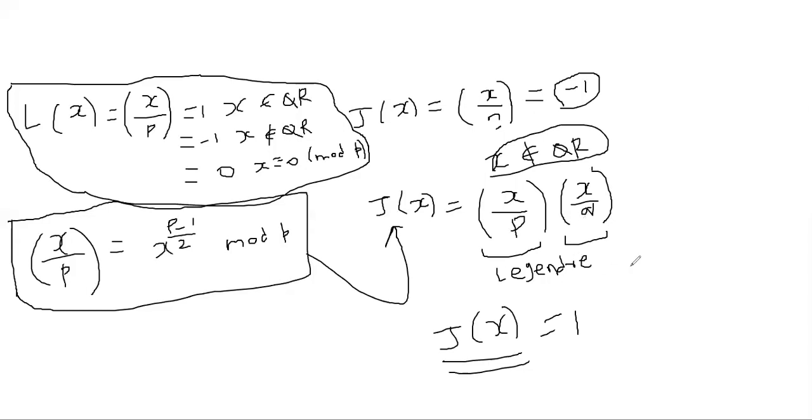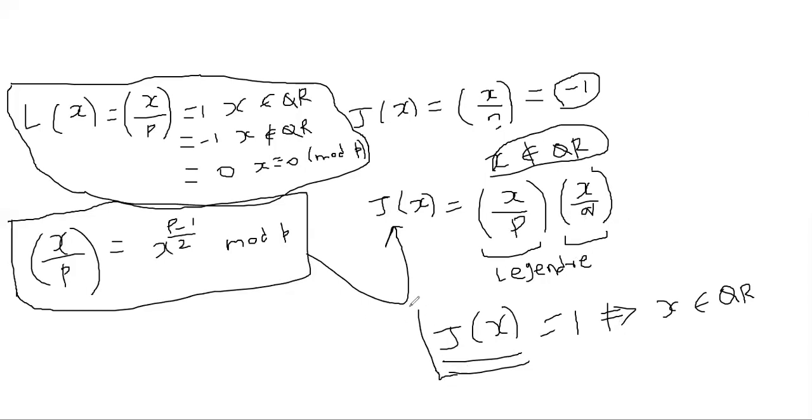Just knowing the Jacobi symbol of x is 1 doesn't imply that x is a quadratic residue. This is the fundamental concept used in the Goldwasser-Micali cryptosystem that I will talk about in one of the future segments. But this is an important concept.